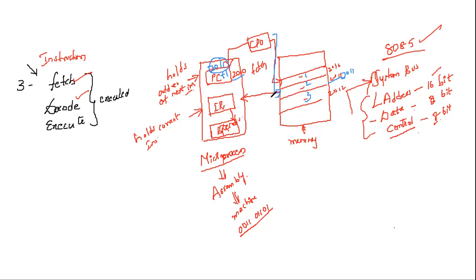In order to decode, that instruction has to be placed in the instruction register. From the instruction register, we give that instruction to the instruction decoder. The decoder will decode the particular instruction, and then we will have the final output. This is how the instruction is going to be executed.